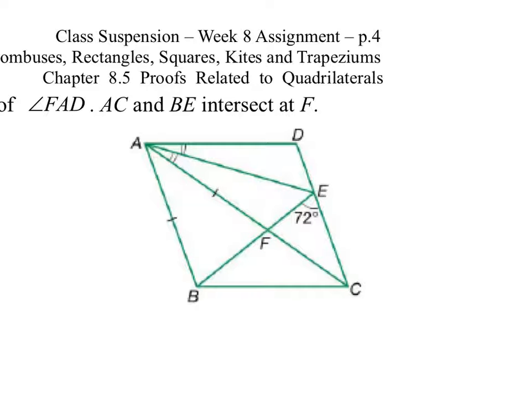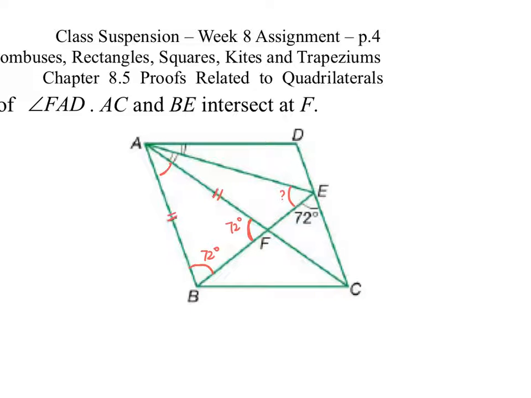Okay, so let's try to analyze this question. Our goal is to find out angle AEF. So first of all, you can see this 72 degrees can be copied here because of alternate angles of parallel lines. And then because AB equals AF is given, you can also claim that angle AFB equals 72 degrees, base angles of isosceles triangle.